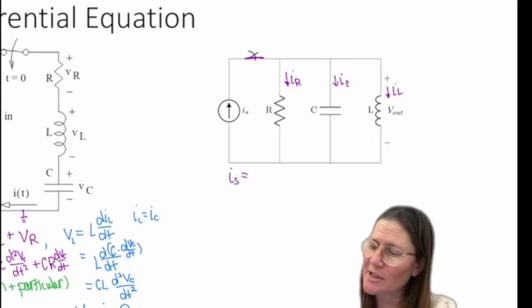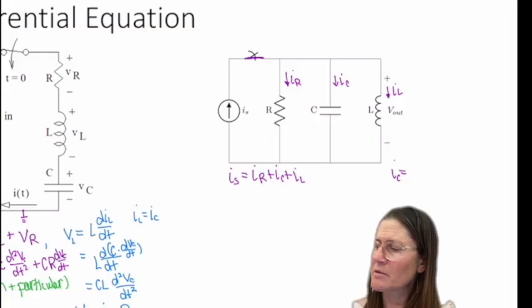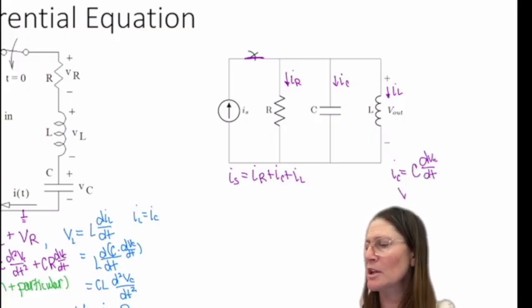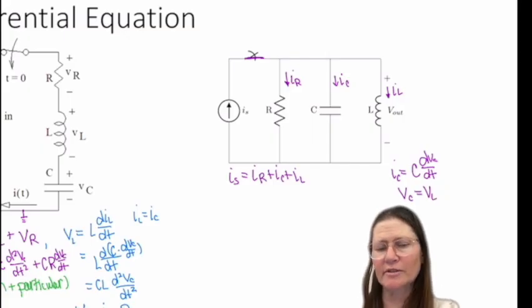IS is equal to IR plus IC plus IL. And we know IC is C dVc/dt. And here we know that the voltage across the capacitor is the same as the voltage across the inductor.